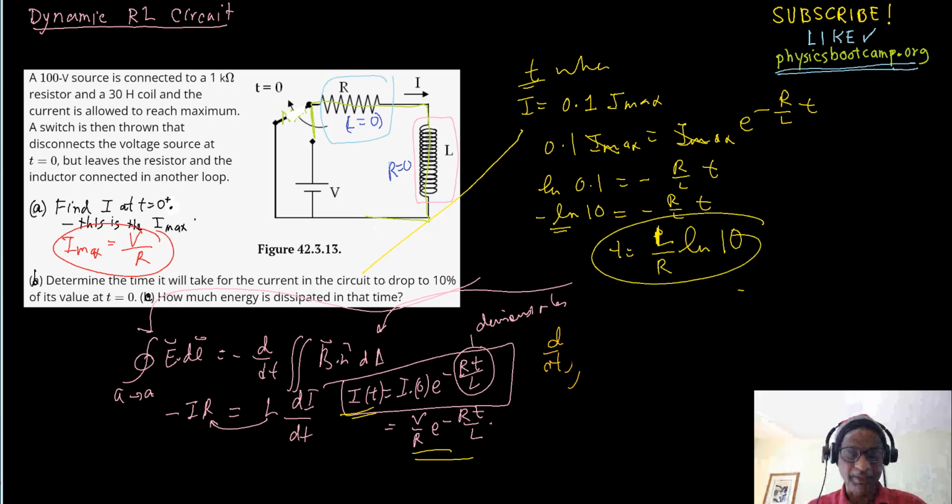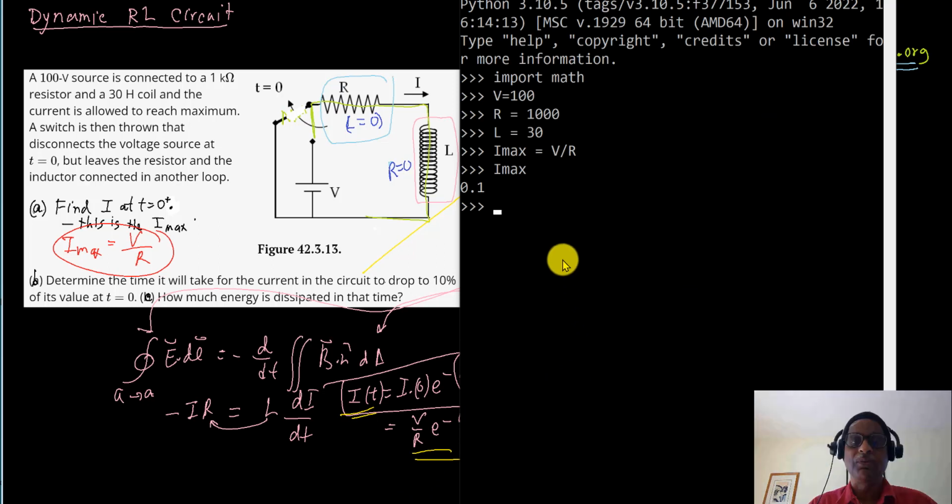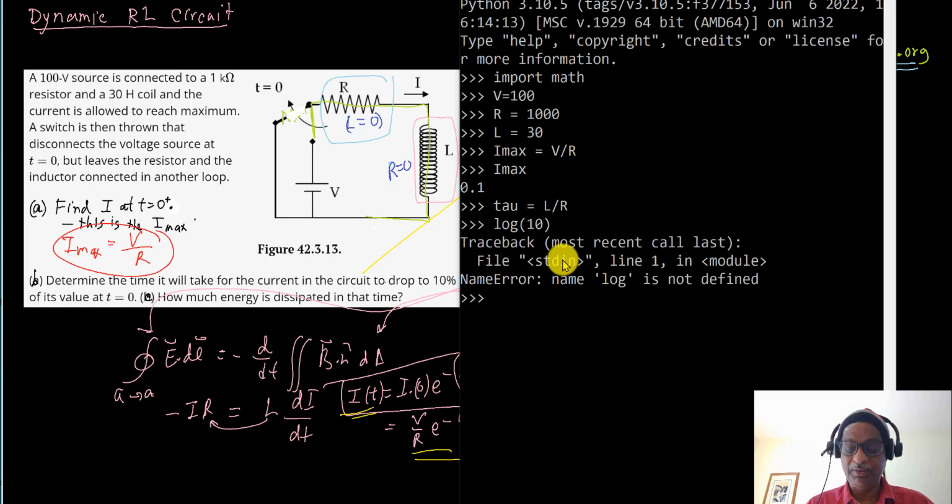Okay, now I got it. That was a little bit quick. Let's see. So we have, say, tau equals L over R, and let me just say log 10. Is it natural log or not? So I have math.log 10. It is natural log.